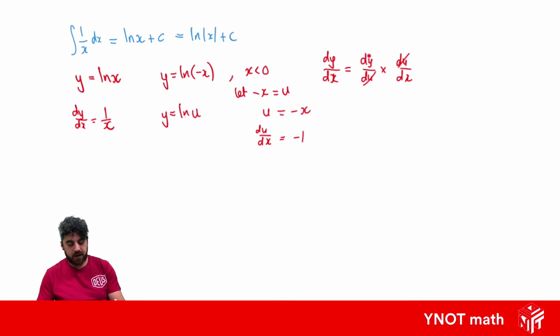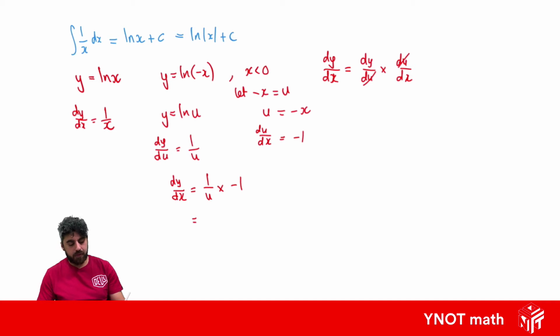Now we just need dy/du. We can find that over here. Well, the derivative of natural log of u with respect to u is just 1 over u. And now dy/dx is just going to be dy/du, which is 1 over u, times du/dx, which is minus 1.